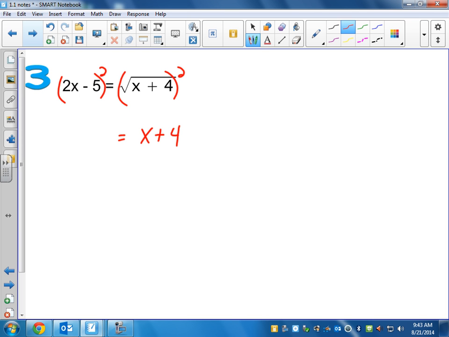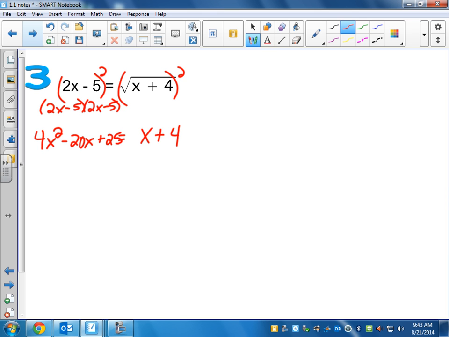But don't make a silly algebra mistake over here. Remember that there's 2 of these, and you have to FOIL that out. So don't say that that's just 4x squared plus 25, because there's a middle term in there, and that's what people usually forget. So that would be 4x squared minus 10x minus 20x plus 25, and then look, I have a quadratic again.